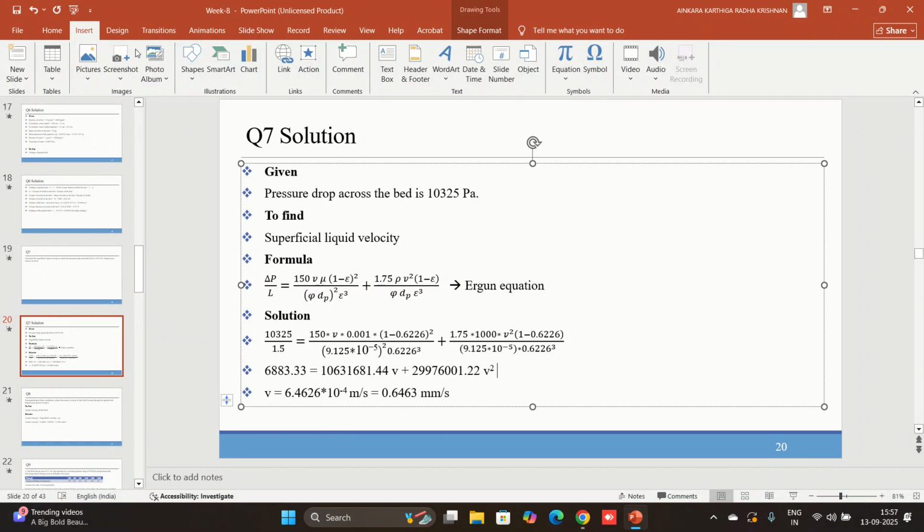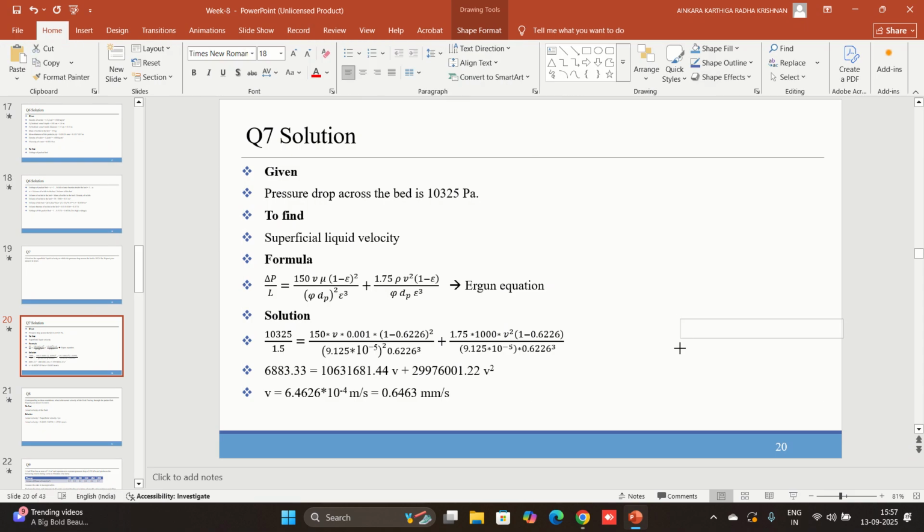I'll show you again. a x square plus b x plus c equal to 0.